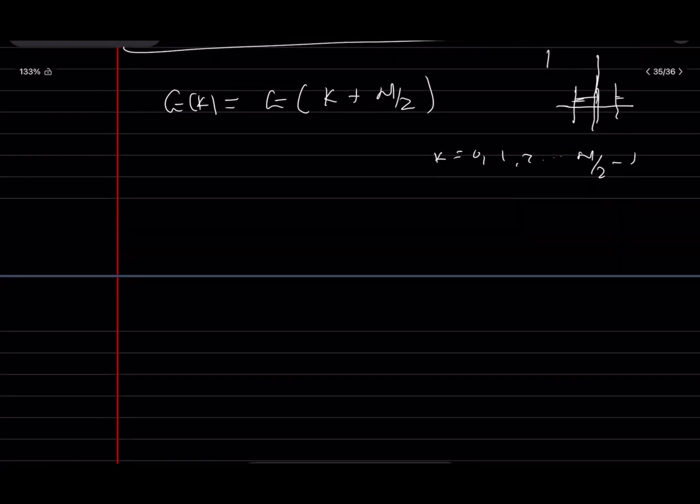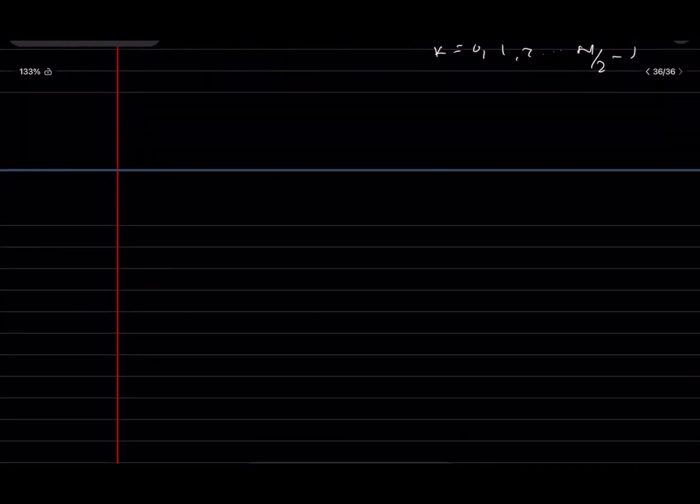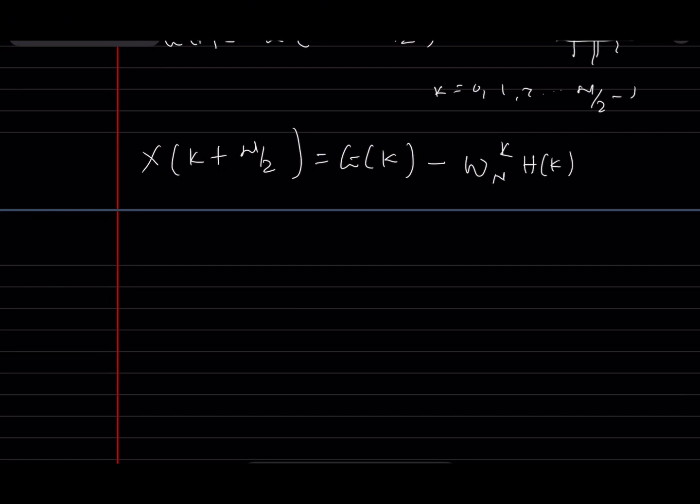And then when we apply it on the general one, we can see that our X of k plus N over 2 is equal to G of k minus omega N k H of k.